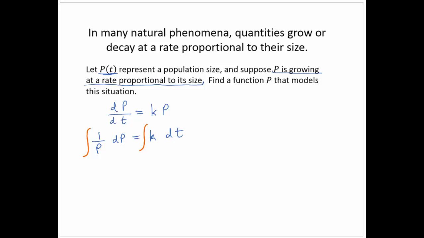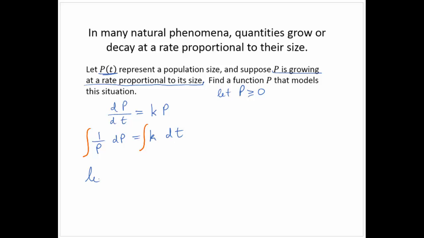All right, so the integral of 1 over P dP, well, that looks like a natural log. Let's make the assumption that P is greater than or equal to 0. Let the population be positive, not negative. Why I'm going to do that is, recall that the antiderivative of 1 over P dP is natural log of the absolute value of P, and I just don't want to have to deal with the absolute value.